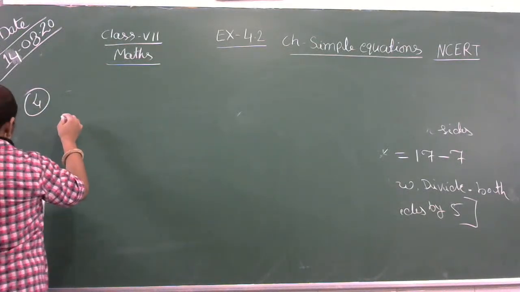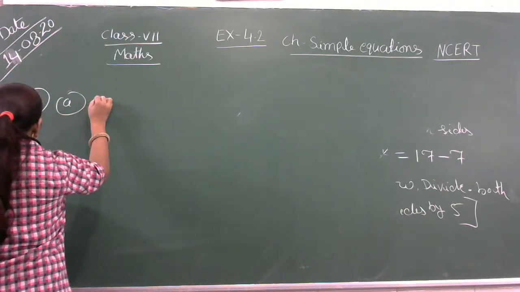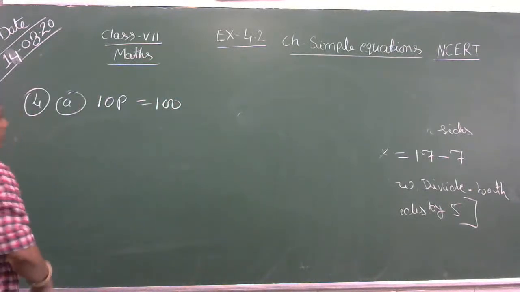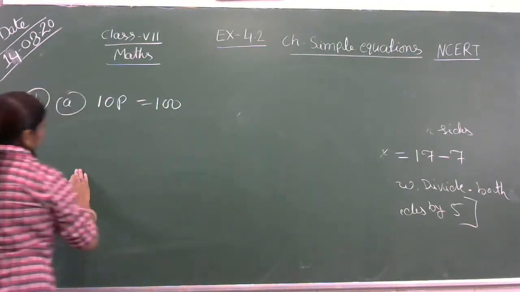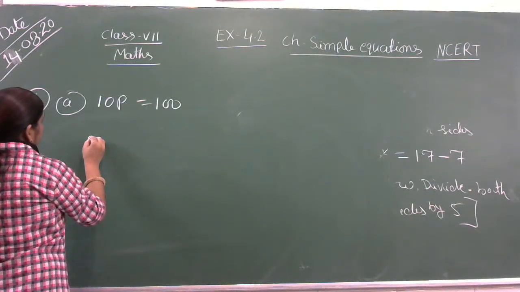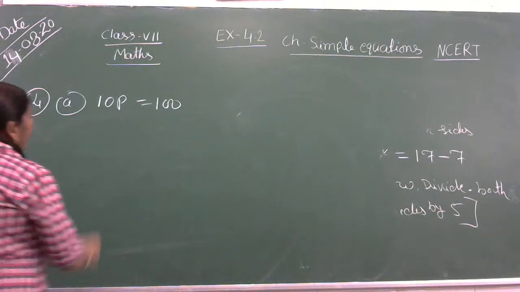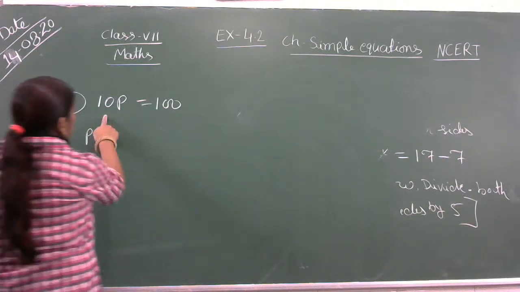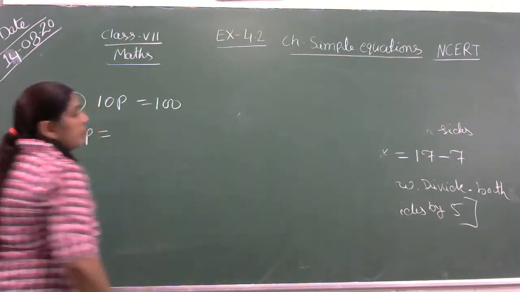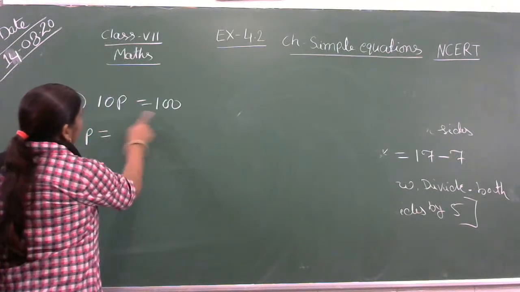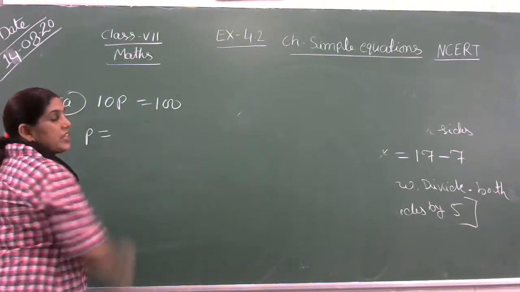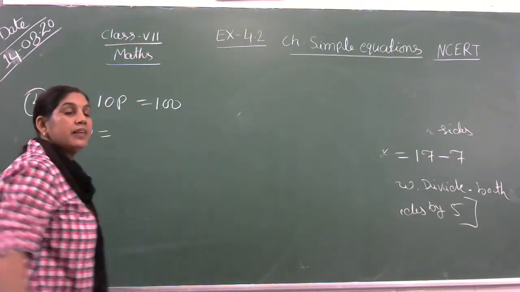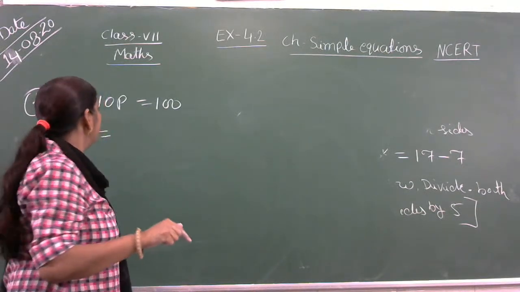Fourth question. First part, A part given here, 10p is equal to 100. Now p equal, if you move this number across the equal sign, given here multiplication, if you change its place then it becomes division.